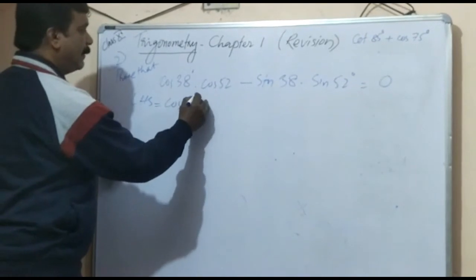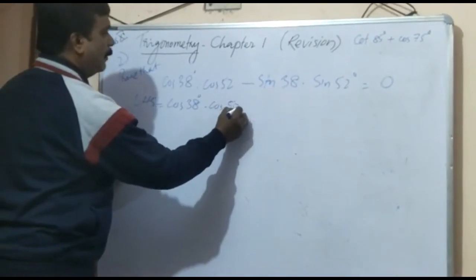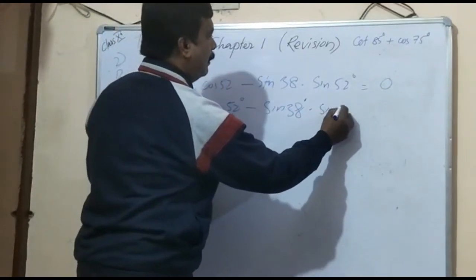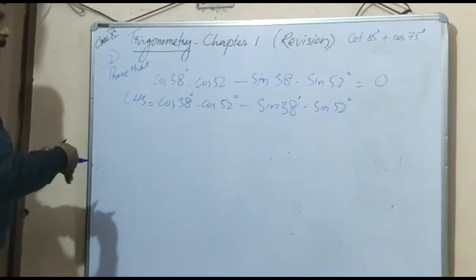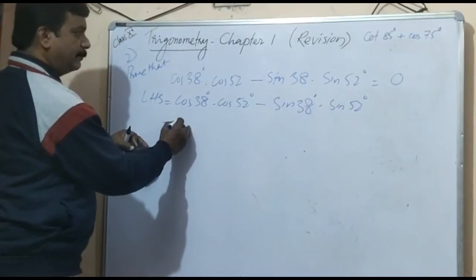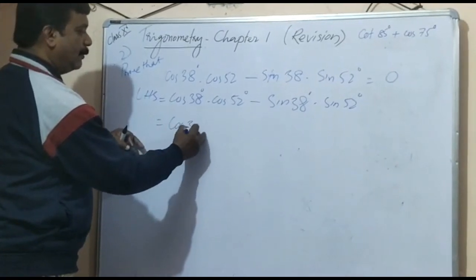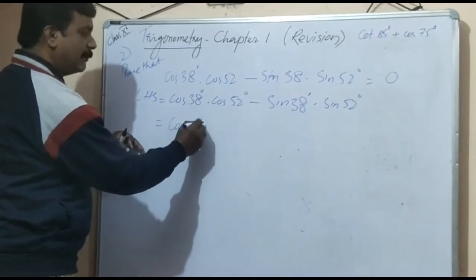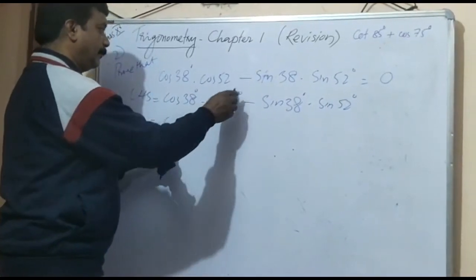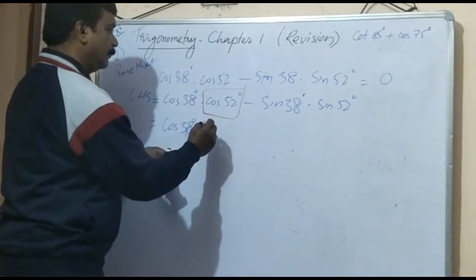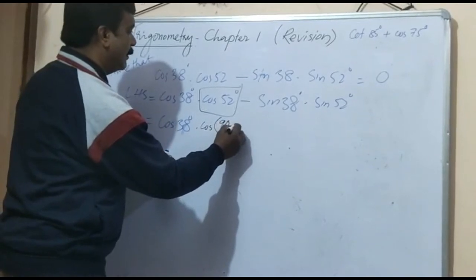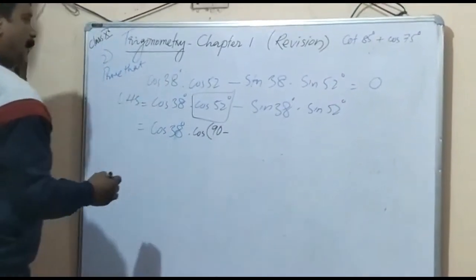Cos 38 degree, let it be cos 38 itself. We will change this. How do we change it? We will write cos of 90 minus 38 for cos 52. What is 90 minus 52?